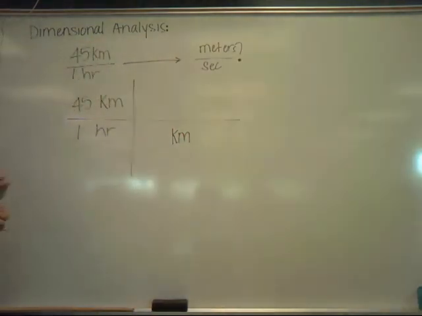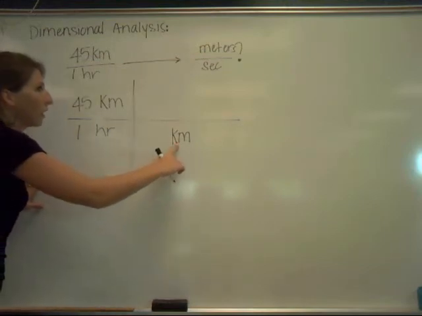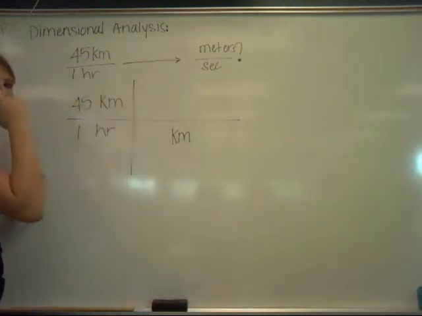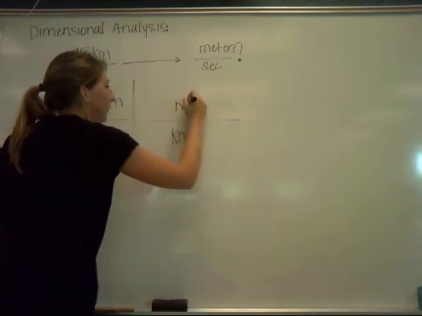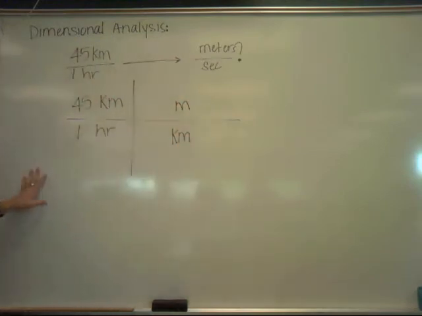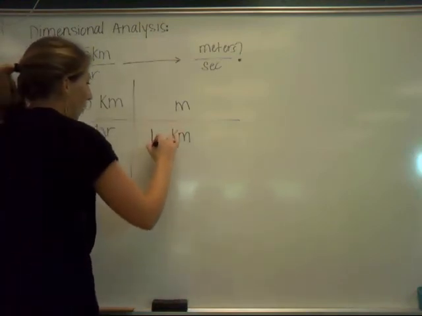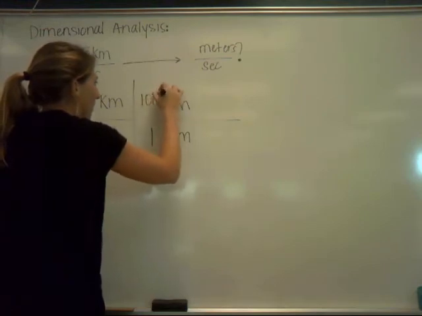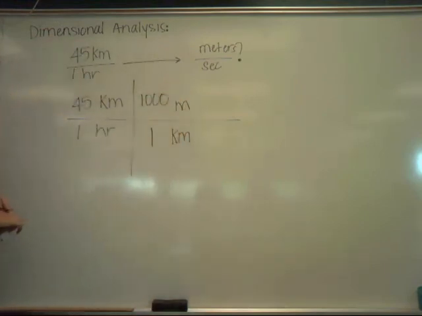Okay? I'm trying to get to meters and I have to think to myself, do I know how to get from kilometers to meters? Yes, I do. All I have to think about is my metric conversions. There is 1 kilometer in 1,000 meters. All you have to do to figure that out is look at your conversions table.